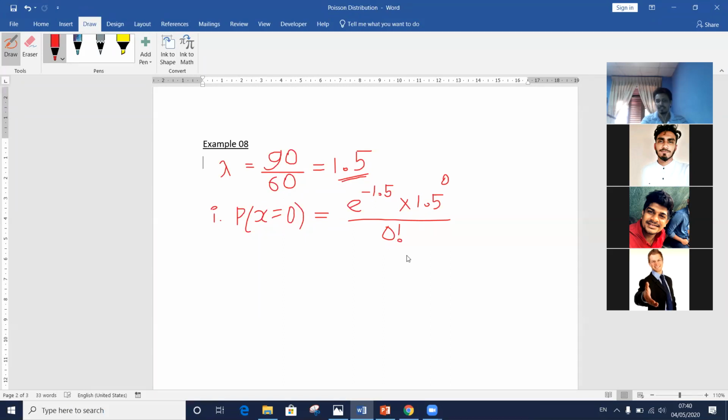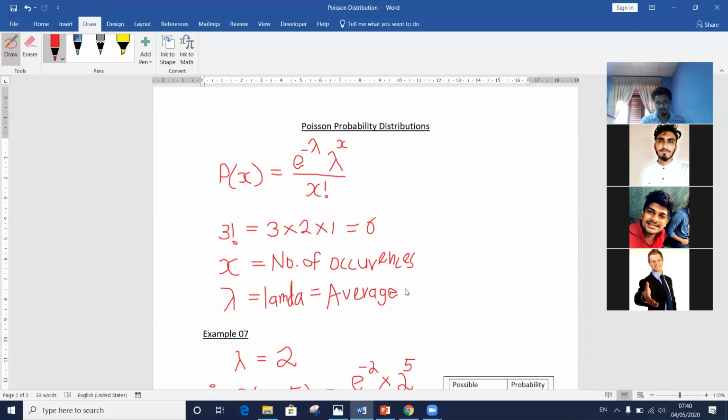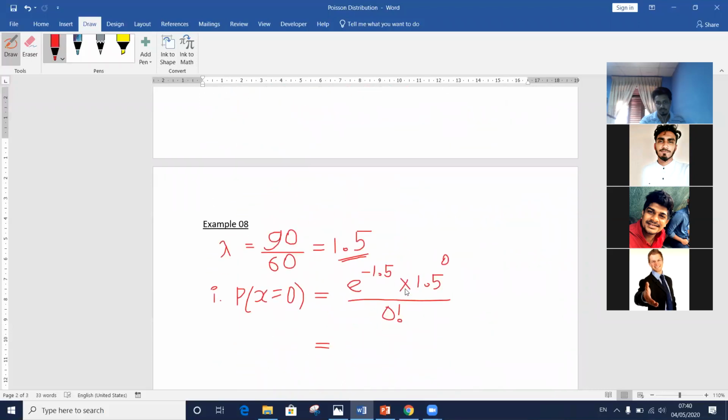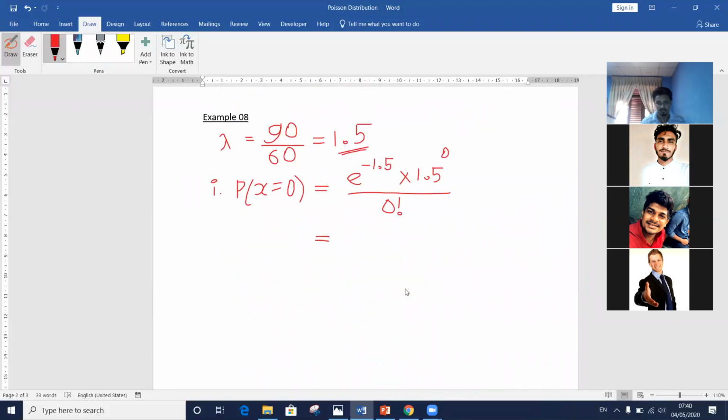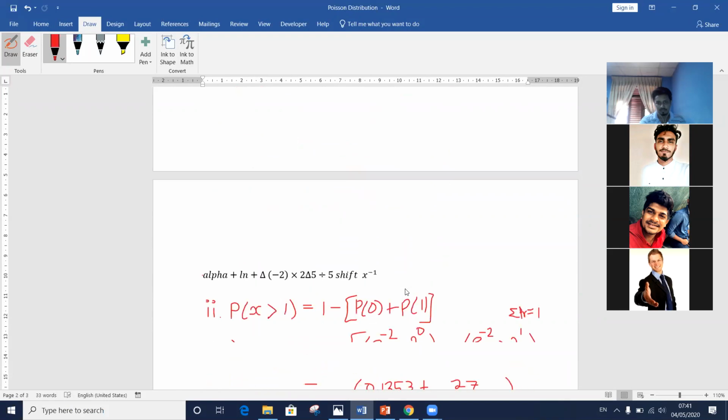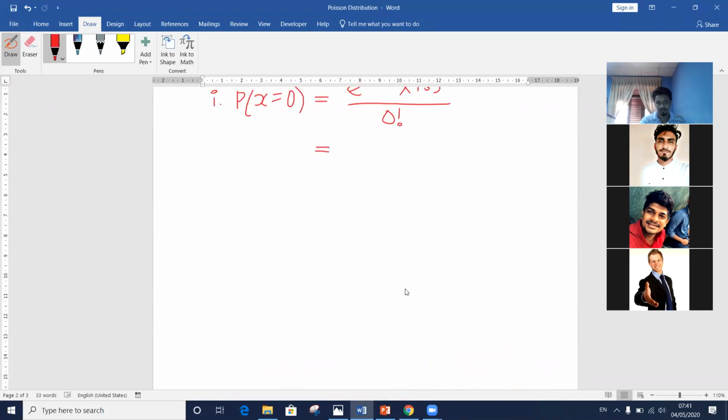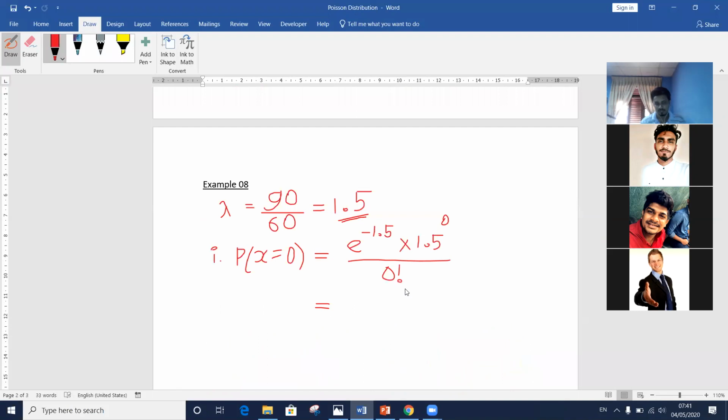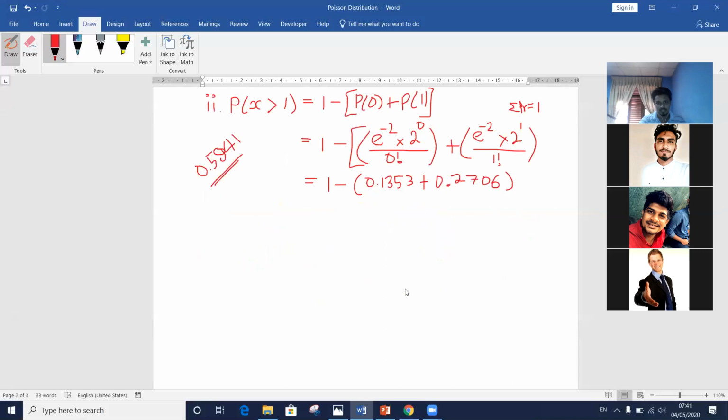X value is 0. 0 factorial. Right? What should be the answer? Here this is the way.